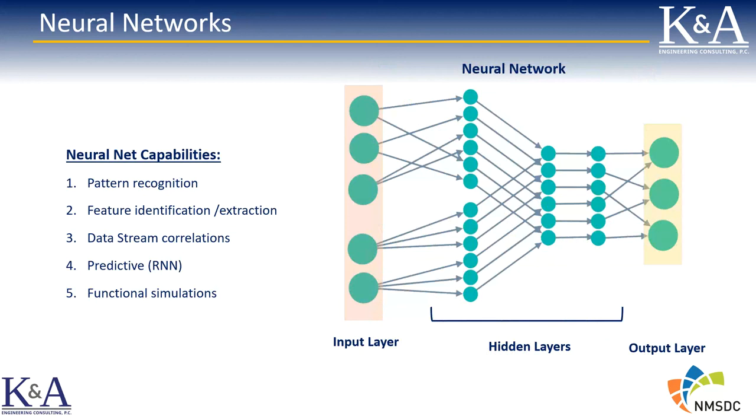So each link is given a weight. And it is actually the weights assigned to these links that constitute the behavior of the network and the learning. So once a network is trained, the links between the neurons are set, and they determine the behavior of the network. Next.